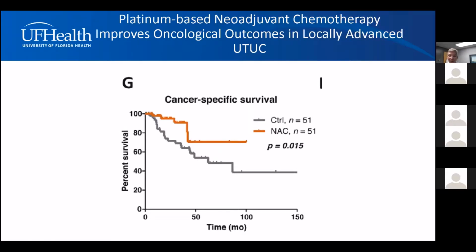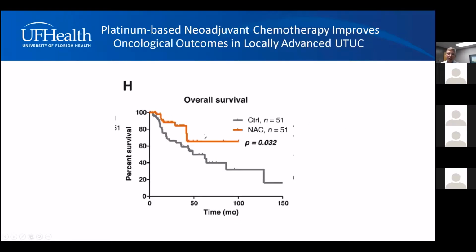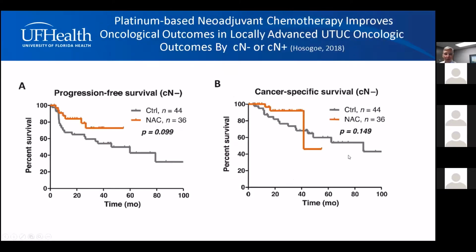Cancer-specific survival was also improved with neoadjuvant chemotherapy versus the control group in these advanced UTC patients. Overall survival was also improved. Regarding node status, if node negative, there was really no significant change with neoadjuvant therapy versus the control.